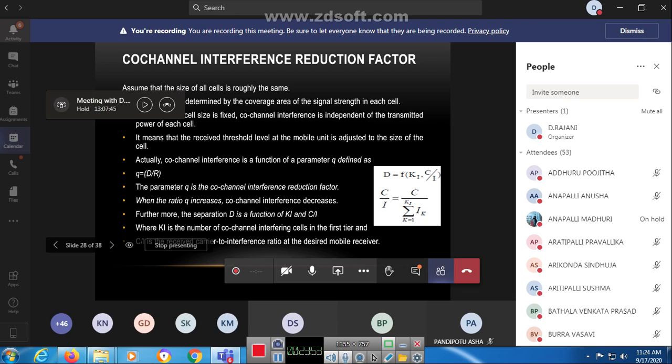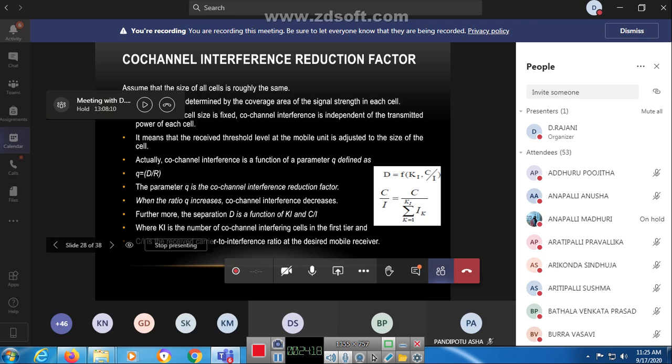Co-channel interference occurs when we are using two cells with the same channel. At that time the signals will be disturbed, so interference will occur. That interference we call co-channel interference.